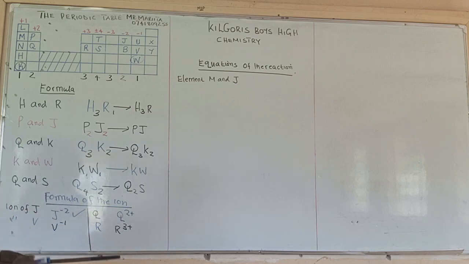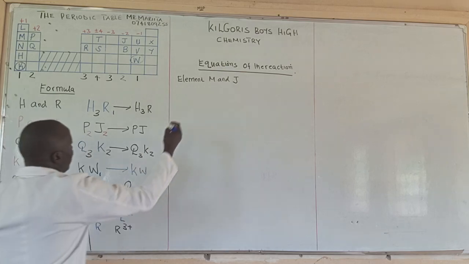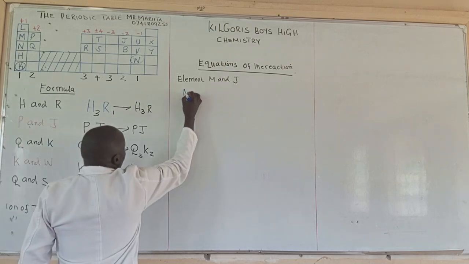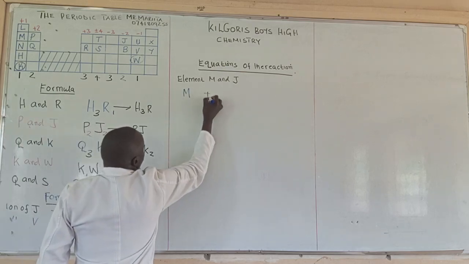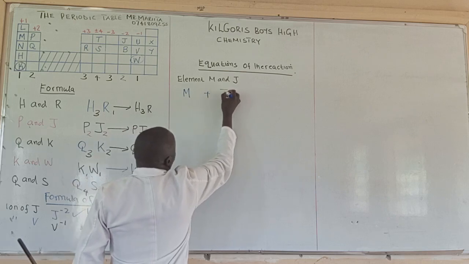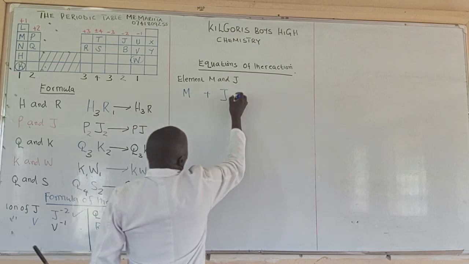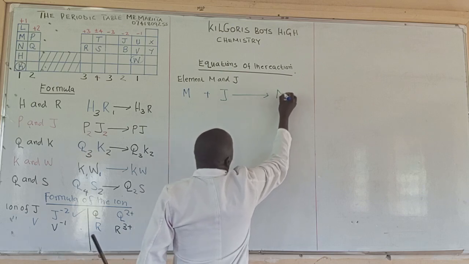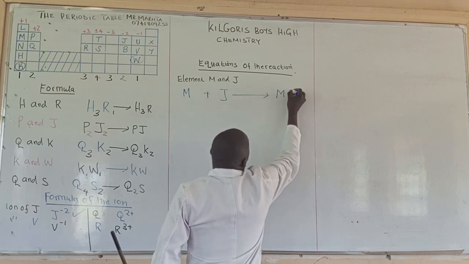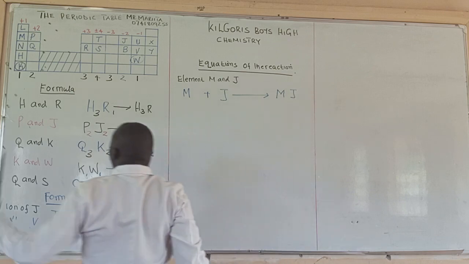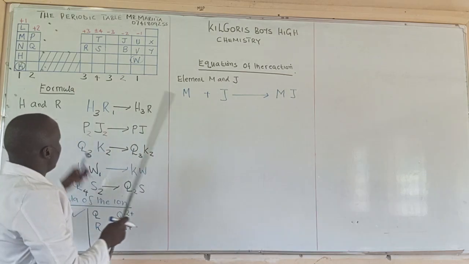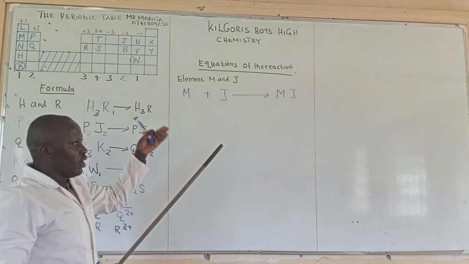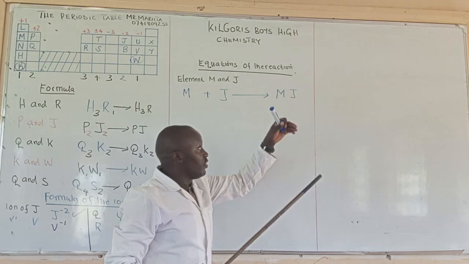So in this case, you have element M combining with element J, and they can form M and then J. Now, using this, first write the correct formula of the product.